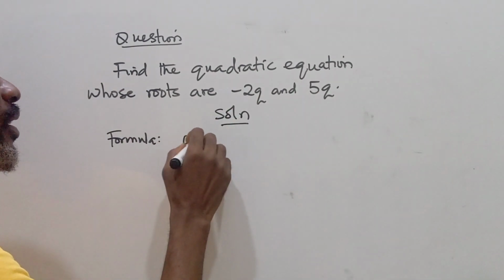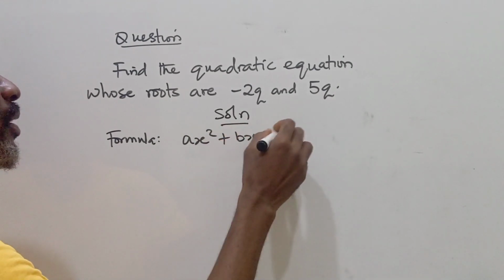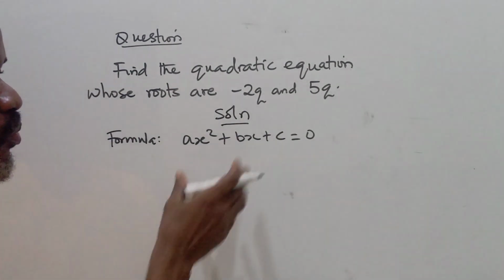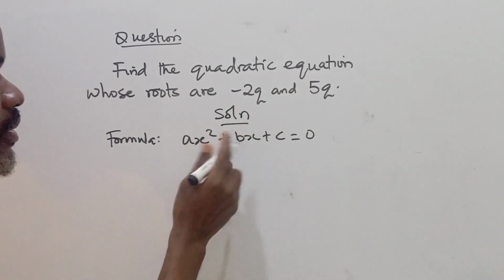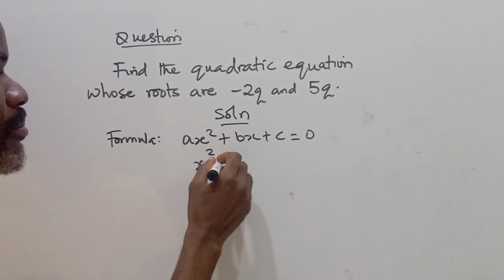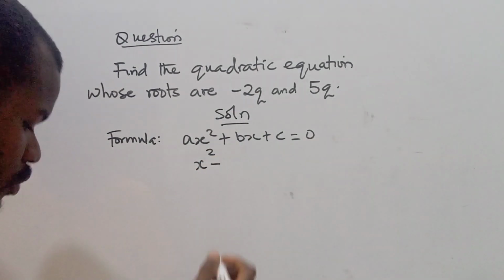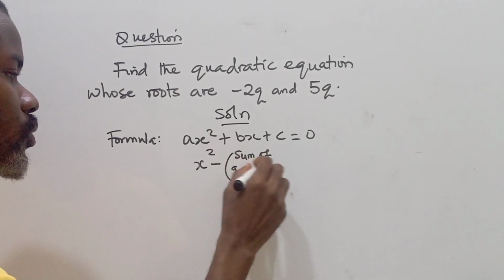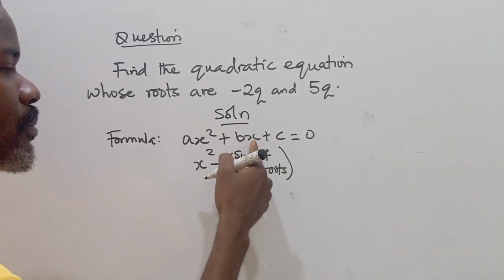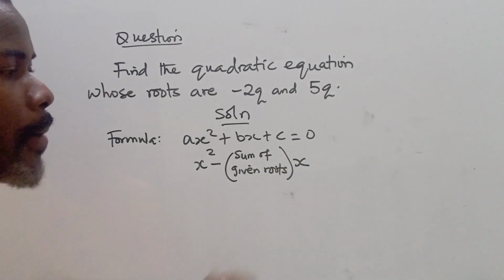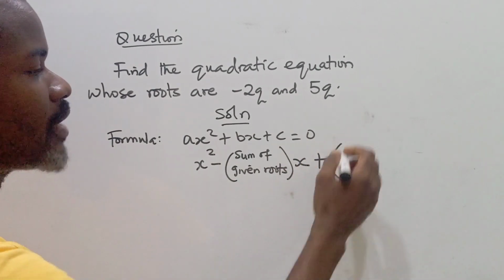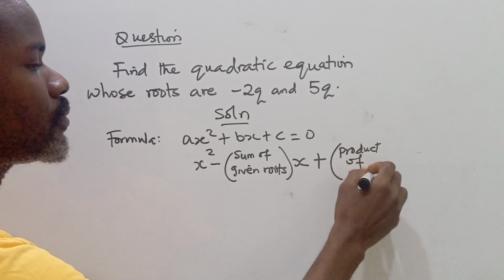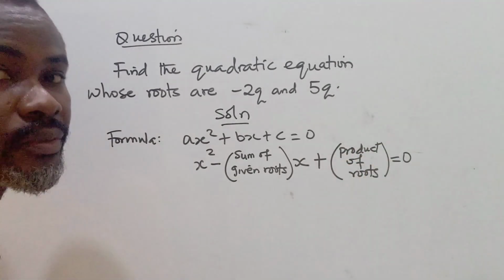Remember, if I have ax squared plus bx plus c equals 0, by the method of formula we can form a quadratic equation x squared minus the sum of the given roots times x, plus the product of the roots, equals 0.